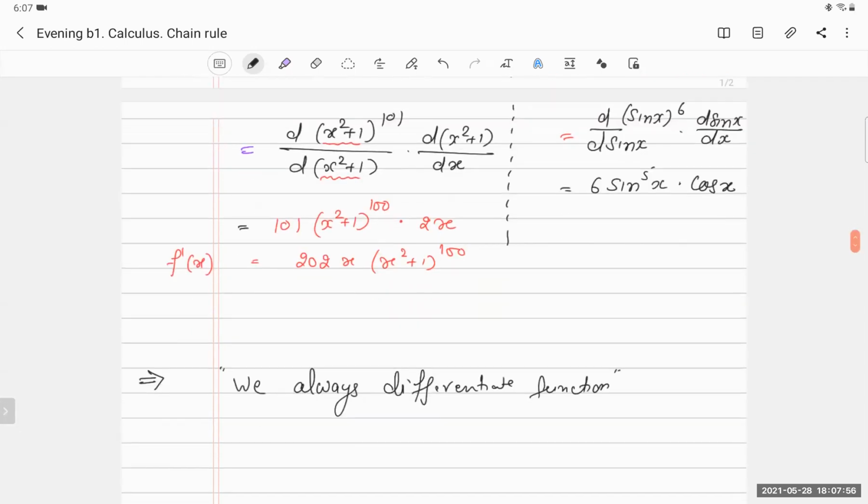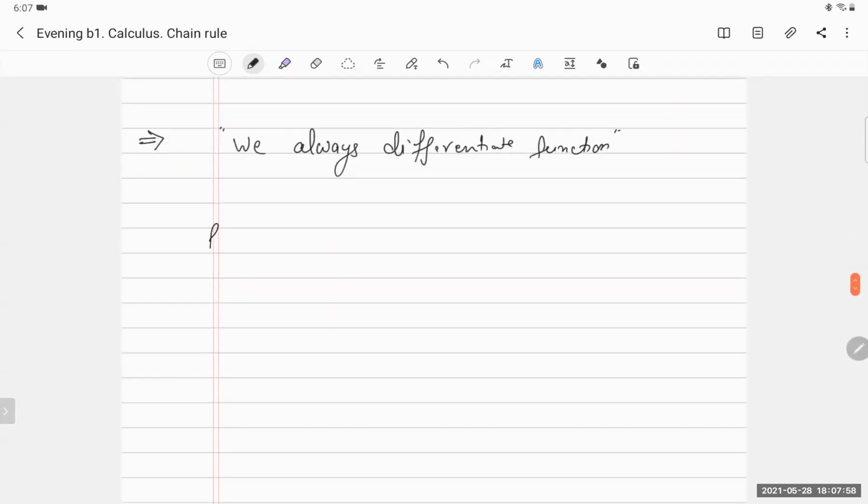So now I will tell you one method. Suppose you are having a function like this: sin of (ln of (10x square)) whole to the power 3. The function is very complicated. Now tell me how you will calculate this function. Suppose if I give you values of x, then what will be your calculation method?